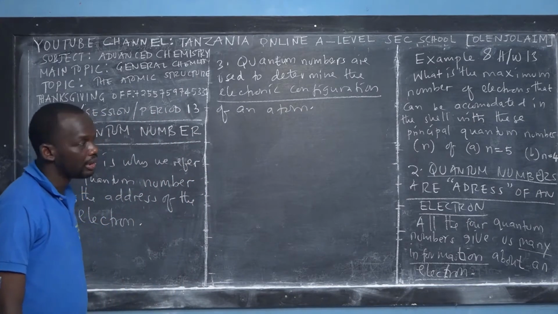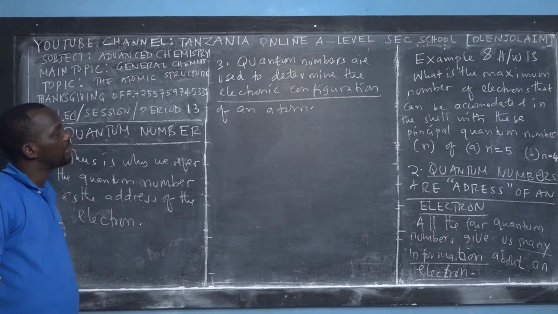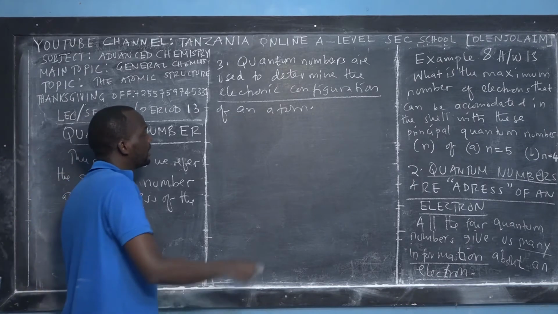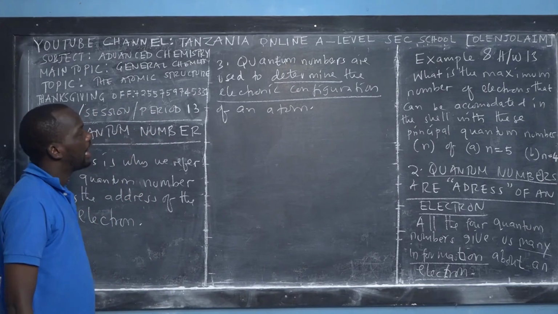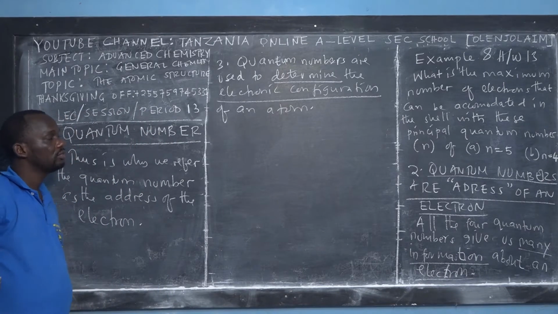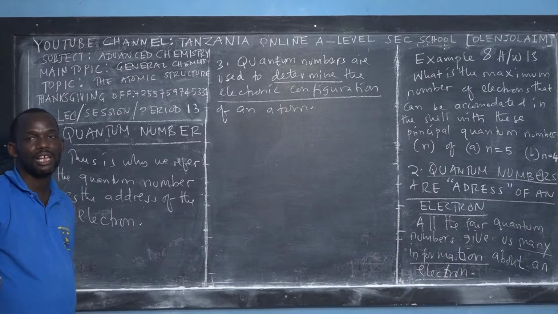So number 3, quantum numbers are used to determine the electronic configuration of an atom. I will teach you in the next lecture, which is lecture 14, how we can use quantum numbers to write the electronic configurations of some of the atoms.